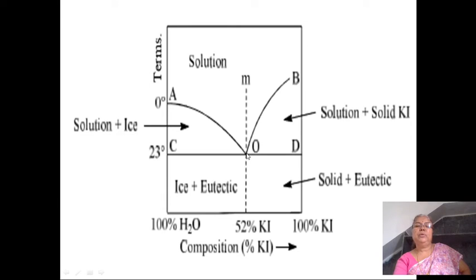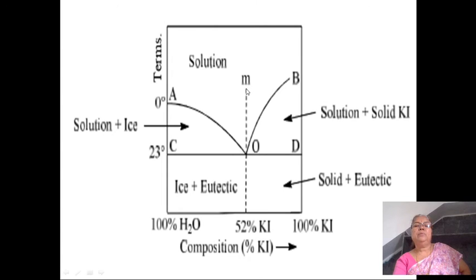So this eutectic point is a univariant system, or F is equal to 0. And at the eutectic point, the percentage of KI is 52%.